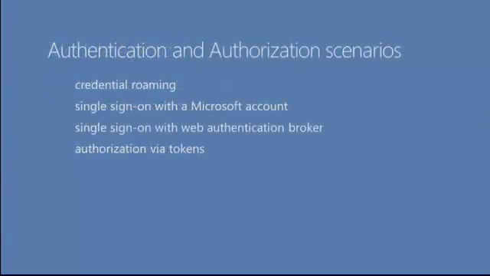So let's talk first about authentication and authorization scenarios, what we're referring to specifically in the context of this module. The first one is credential roaming. I'd love to give a brief story of a scenario of what it might mean.